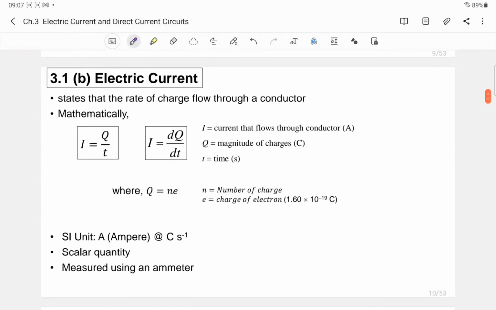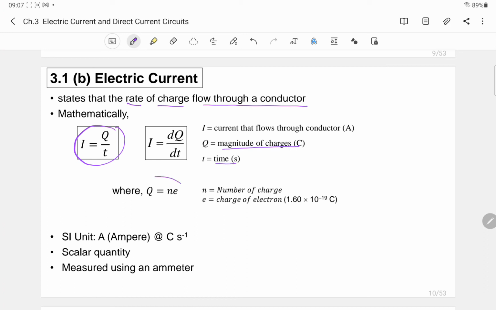Okay, so then this is for electric current. I explain again. For the electric current, state the rate of charge flow through a conductor. Mathematically, we have I is equal to Q over T, where Q is the magnitude of charge and T is the time.